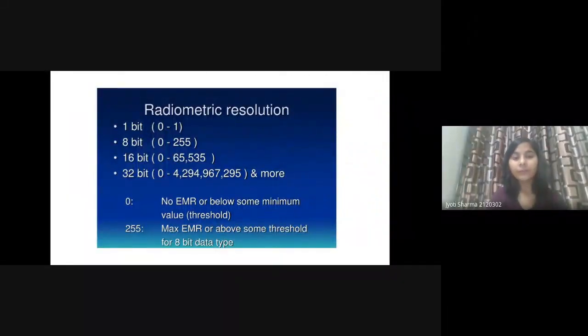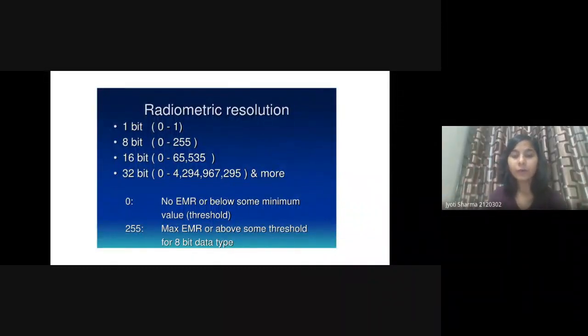If it is 1 bit, then you will have either white or black. But if you have 8 bit, then within a pixel you can have 255 shades from white to black.